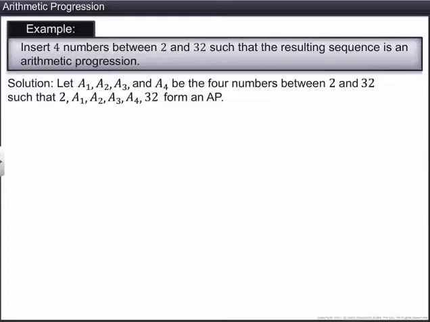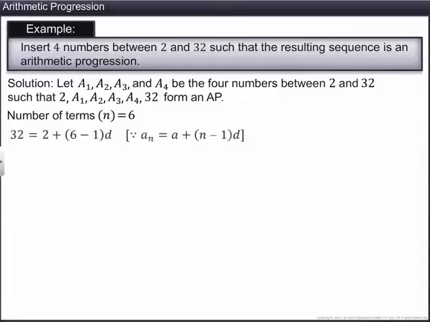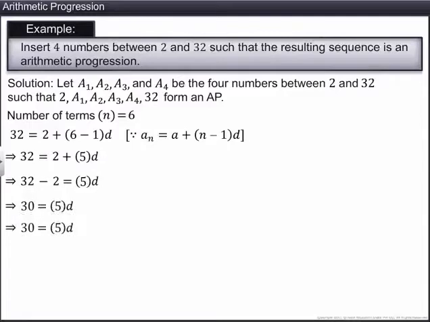There are 6 terms in this sequence. Using the formula for the nth term, the 6th term, 32, is equal to 2 plus of 6 minus 1 into d. On simplifying, we get d is equal to 6.